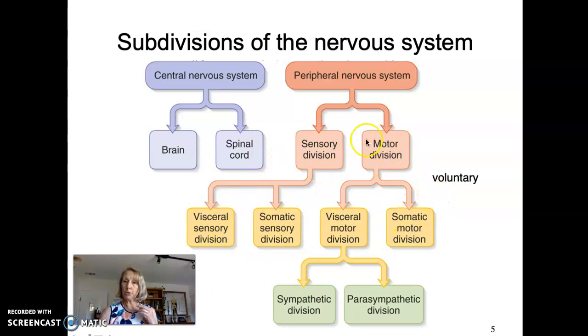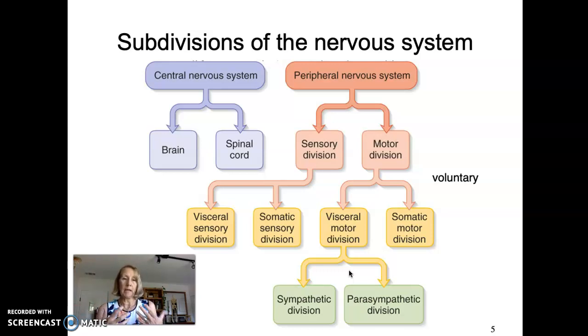Now, when it's motor, we have somatic motor, right? You can move your arm, you can make a face, you can do whatever you want. Visceral, it's coming from the organs, a little bit more complicated. And there, it's very complicated because it is managed by the autonomic nervous division, which is the sympathetic and the parasympathetic. These have their own wiring, they have their own neurotransmitters, and it's the switch that says, it's motor, right?